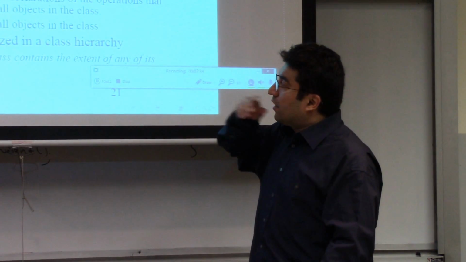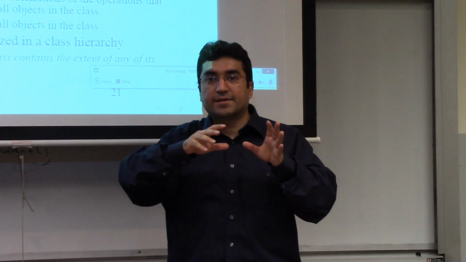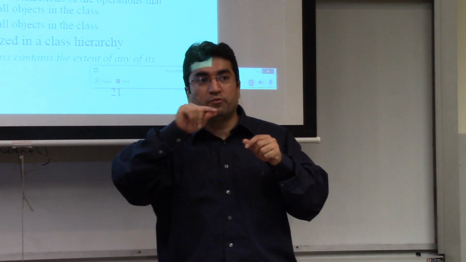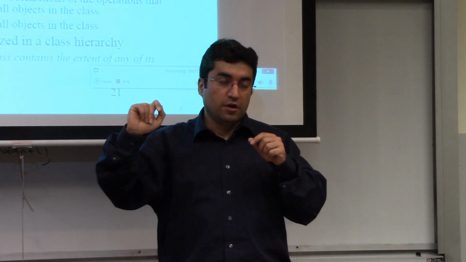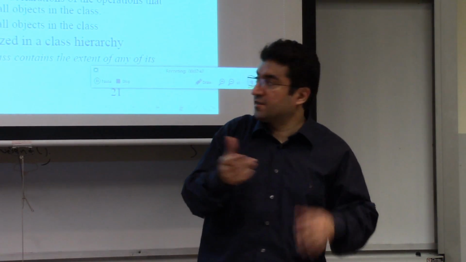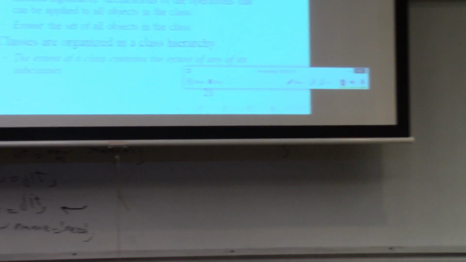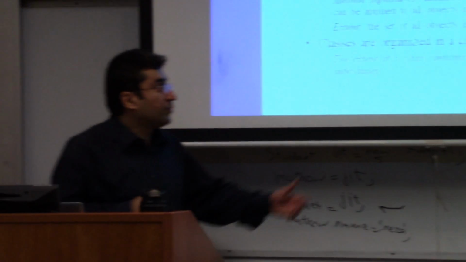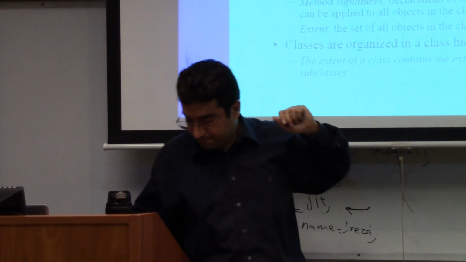So here, Java Virtual Machine keeps, for each class, all of the pointers to all of the instances of that class, for its own purposes. So that is called extent. So the extent is basically the set of all of the objects in that class.